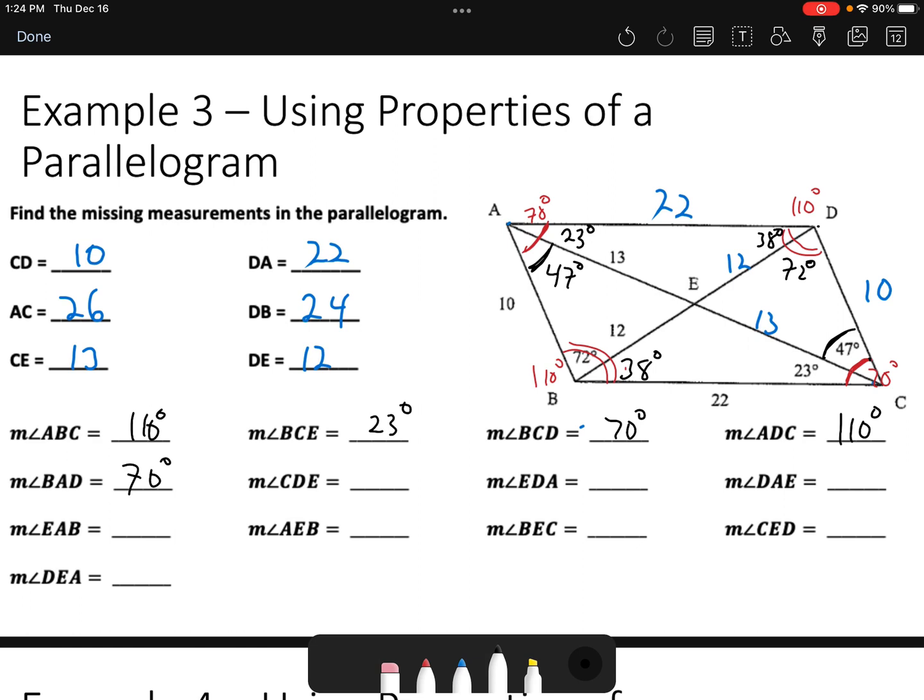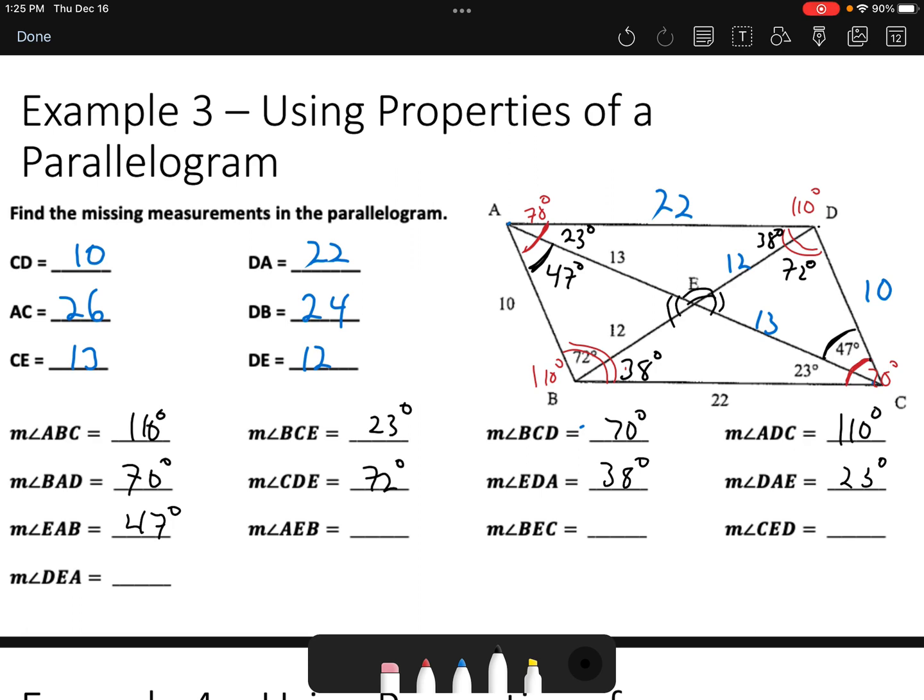That's the big one, that's 70. CDE, I say that's 72. EDA, 38. DAE is 23. EAB, 47. Just trace it with your finger there.